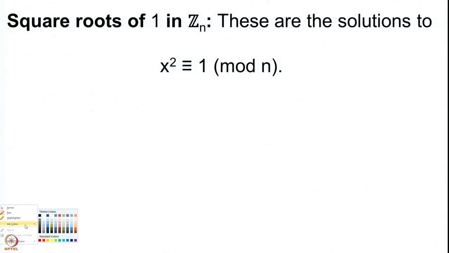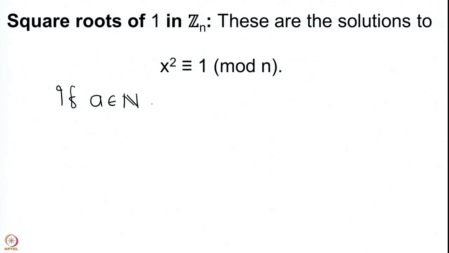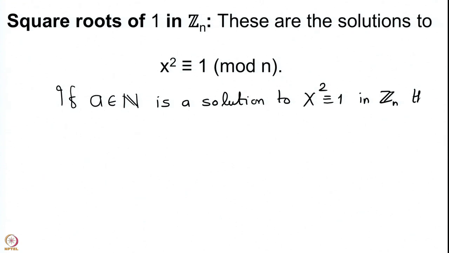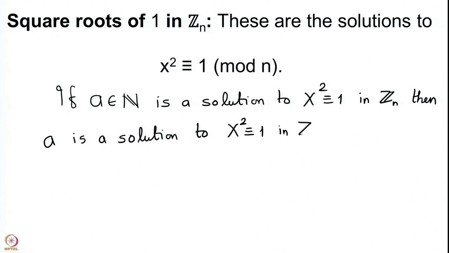the square roots of the identity element in the set Zn. So, we notice one thing immediately, that whenever we have some natural number a that is a solution to x square congruent to 1 in Zn, then a is a solution to the same equation, but we are going to change the modulus.